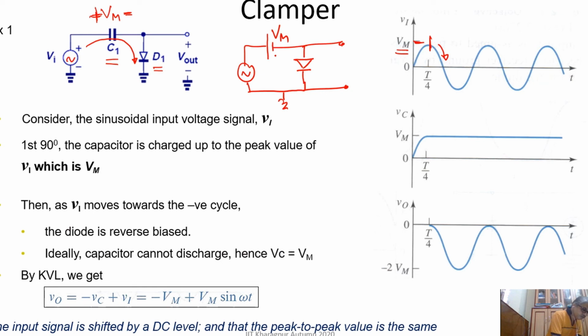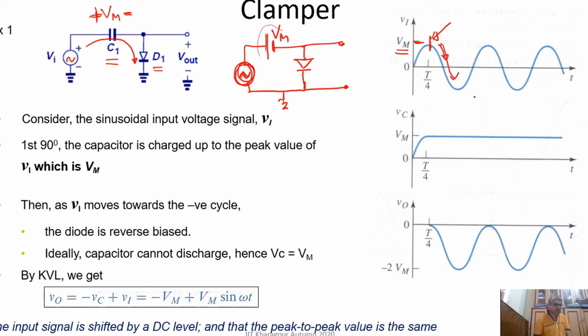Beyond this peak value, the diode will be reverse biased, because Vm is the maximum peak amplitude, right? The negative terminal is connected to P and the positive terminal is connected to N, and also these are voltages below Vm in this part of the signal.